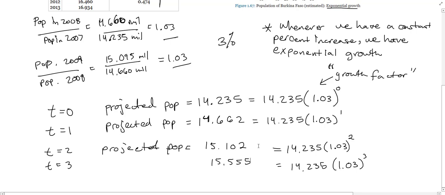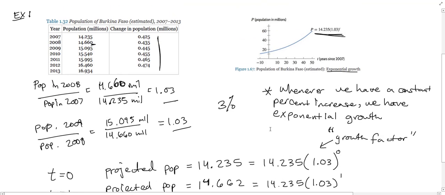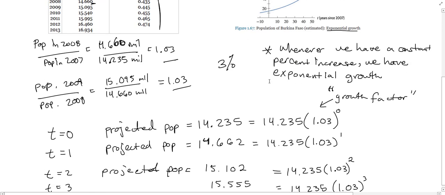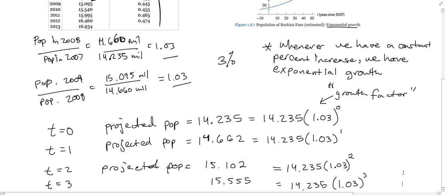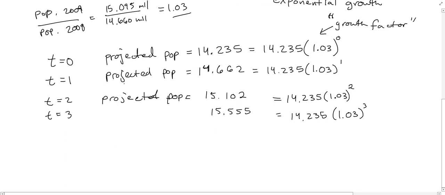Basically the way we came up with this formula on the curve I was talking about is by recognizing that each year we're growing by about 3%. So we could say the population P in millions after the year 2007 is just 14.235 times the growth factor 1.03 to the t power. This is in millions. So this is an exponential function.